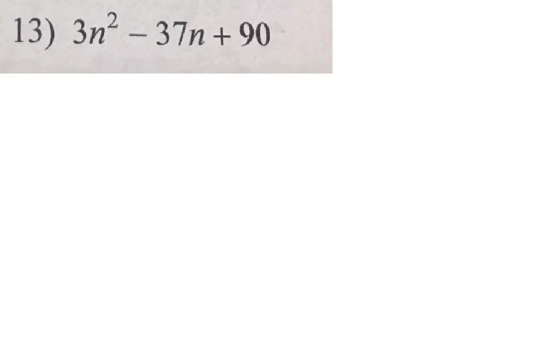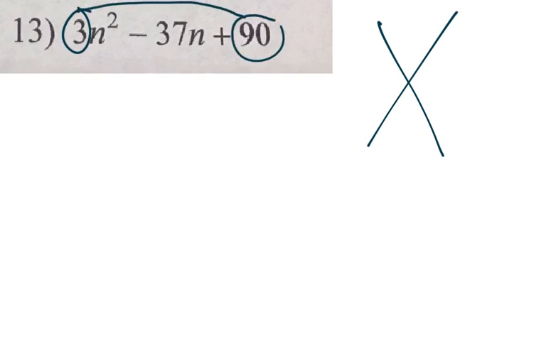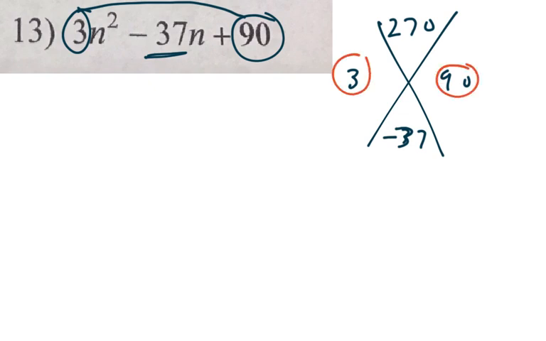So when I set up my x here, we have to remember to always take the first, that 3, and include it in our factoring, see? So instead of 90, I have to do 3 times 90, and that gives me 270. Use your calculator if you need to for that, guys. And notice the middle is still negative 37. So there's our setup.